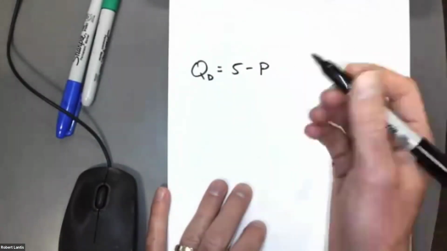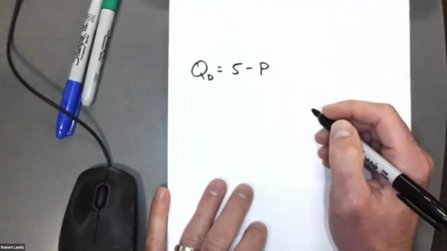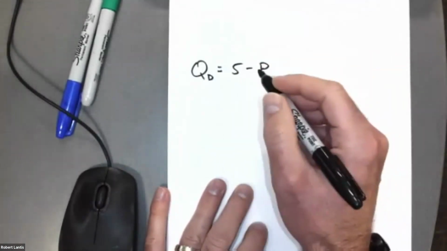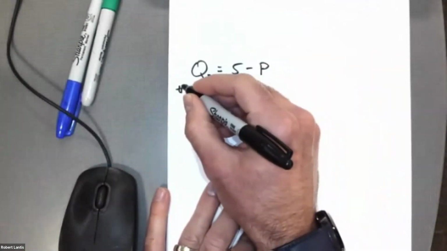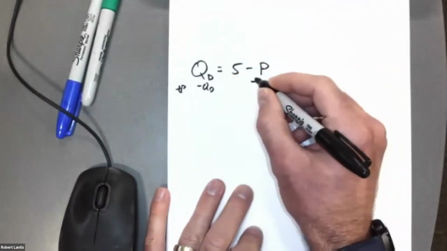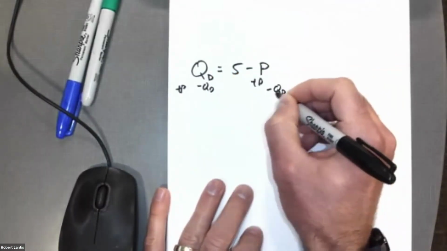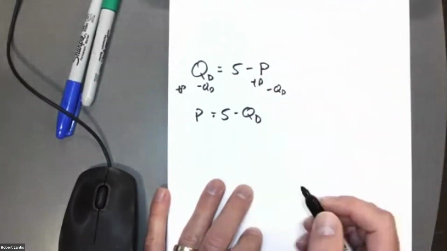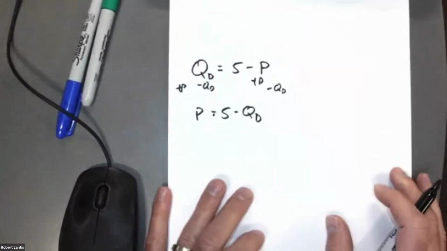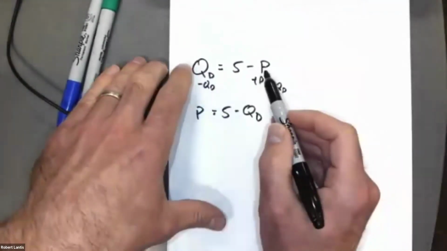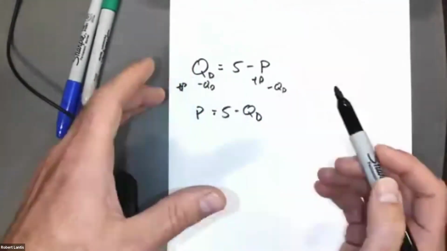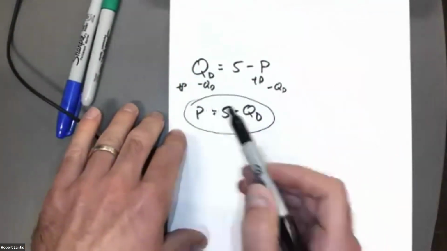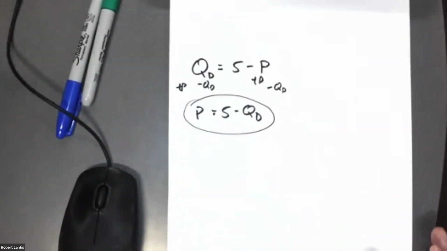It's just typically we write it out as price as a function of quantity demanded. If I move price over here and subtract quantity demanded, I get price is equal to 5 minus quantity demanded. As long as I have prices and quantity demanded, I can always rearrange this equation to be price as a function of my quantity demanded.